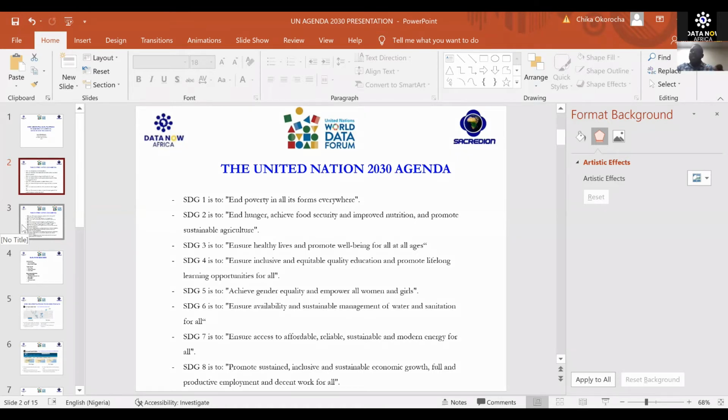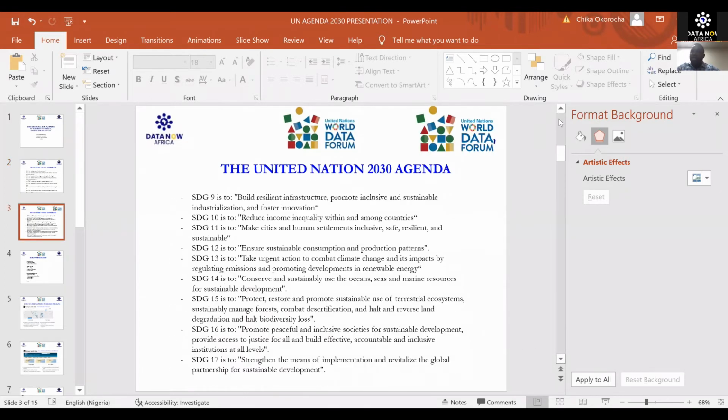Achieve gender equality, empower all women and girls. Ensure availability and sustainable management of water and sanitation for all. 7, ensure access to affordable, reliable, sustainable, and modern energy for all. 8, sorry, the slide is covering 8.